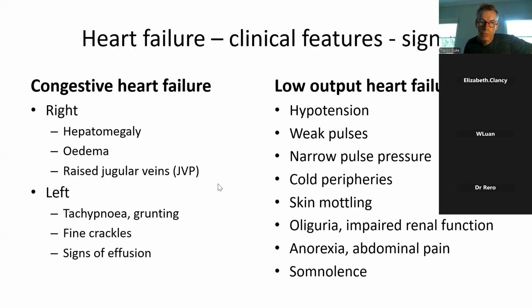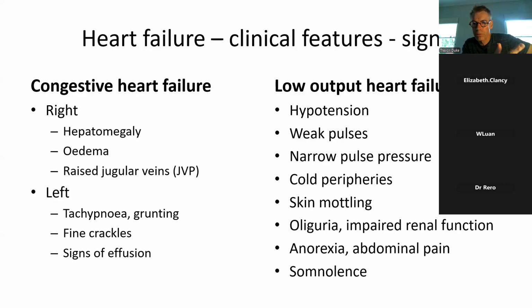I've talked about this before, but when you're dividing heart failure, we often think of it as just heart failure, but sometimes you can distinguish the signs at least into those that are from predominantly right heart failure and those that are predominantly left heart failure.